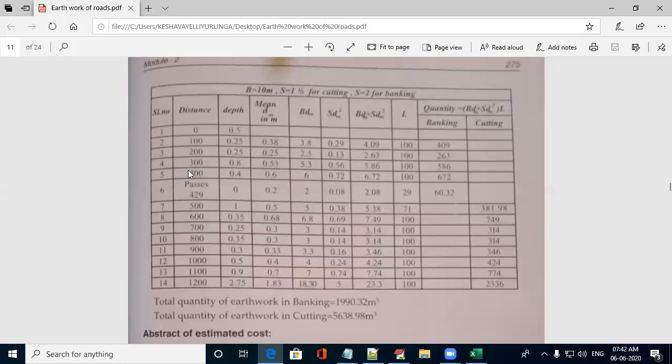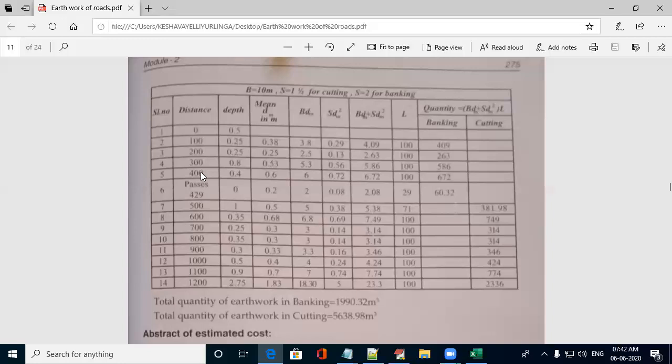Same serial number, and here you have to be careful. Usually you will be writing from 0 to 1200 consecutively, but here there is a depth of 0 at 429. This 429 we have found out with the calculation above.